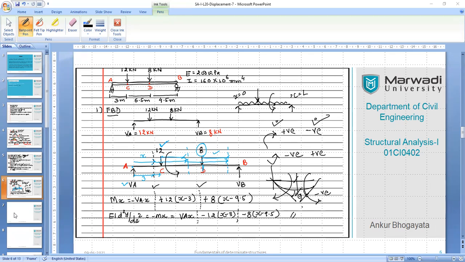So we now know that not all the methods of analysis are suitable to every type of problem, and especially when we are discussing the simply supported beam, Macaulay's method proves to be very helpful, especially when you have a combination of forces.